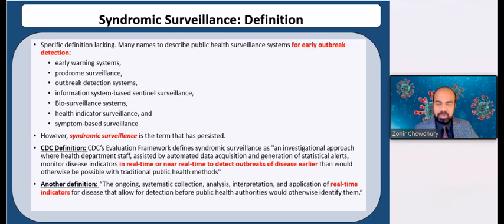Perhaps the most comprehensive definition to date, and likely the one to be broadly adopted, is provided by CDC's evaluation framework, which describes syndromic surveillance as an investigational approach where health department staff, assisted by automated data acquisition and generation of statistical alerts, monitor disease indicators in real time or near real time to detect outbreaks of disease earlier than would otherwise be possible with traditional public health methods.